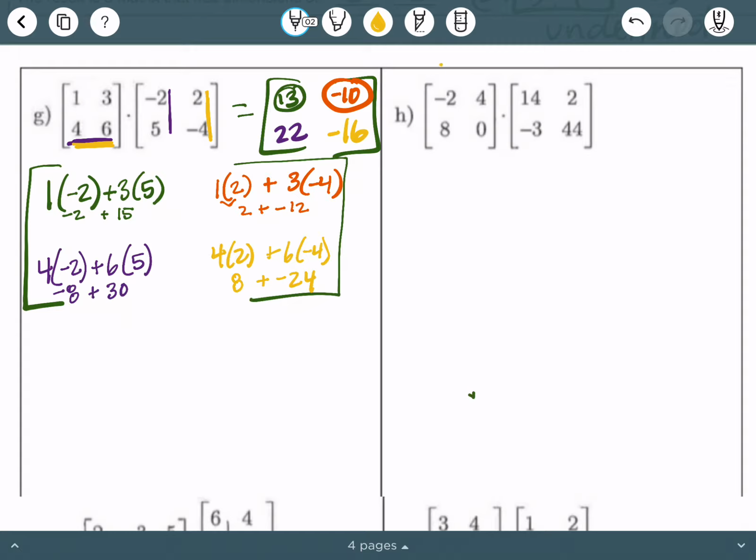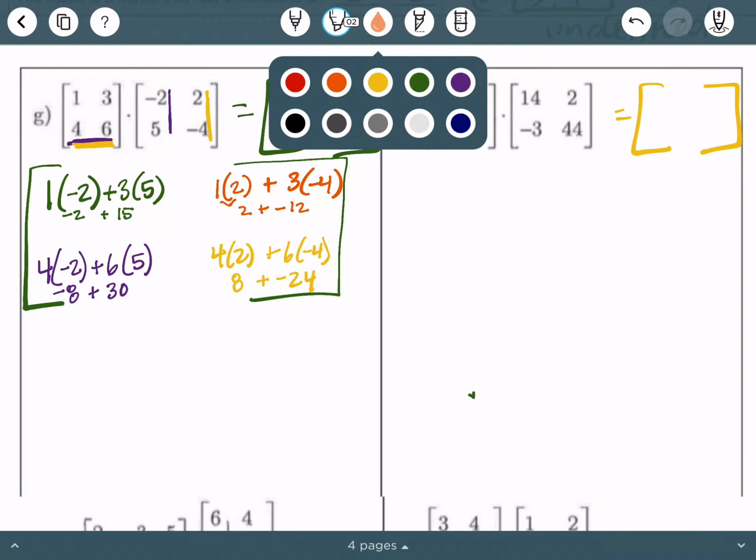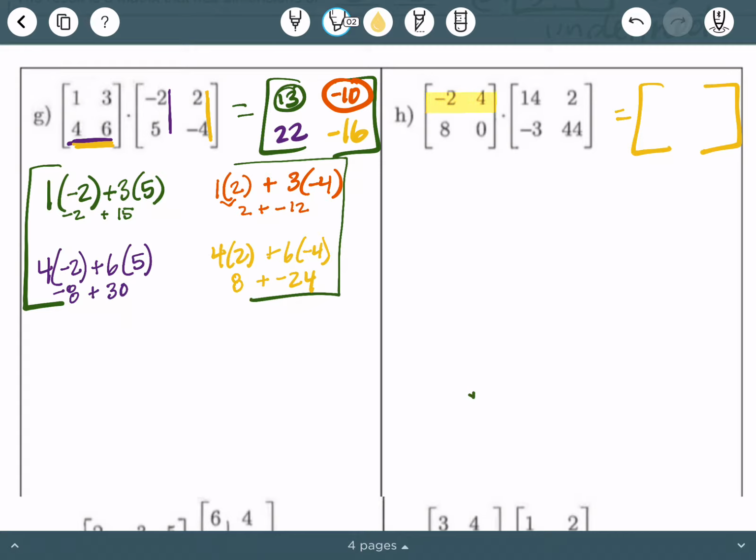Let's look at this one again, a 2 by 2. I'm going to see if I can use colors to show us that this will work. So here I have a 2 by 2. I know my answer is going to be a 2 by 2 because I see the outside ones here. So if I'm thinking about this with colors, I'm going to think about my yellow here times this yellow here.